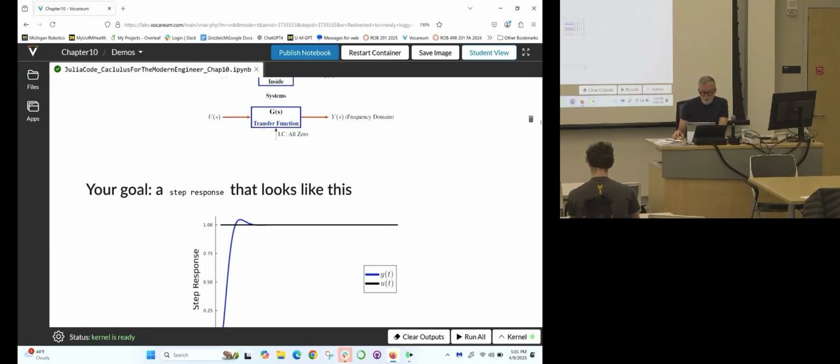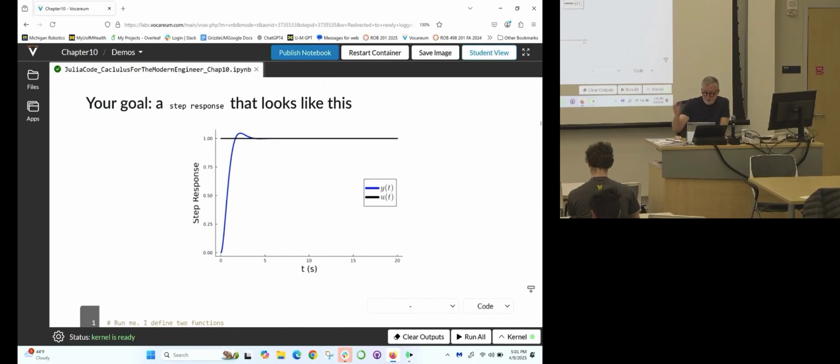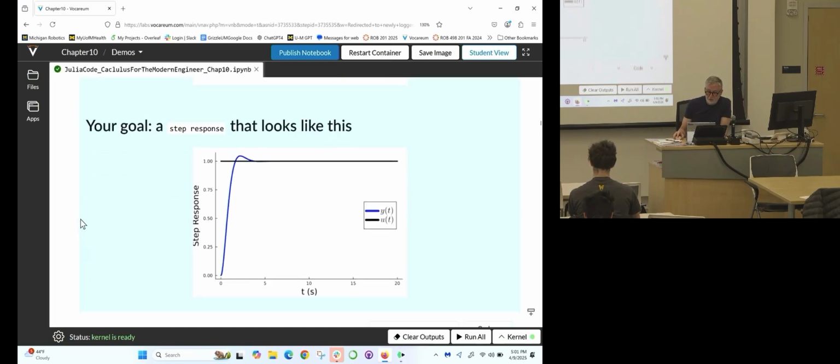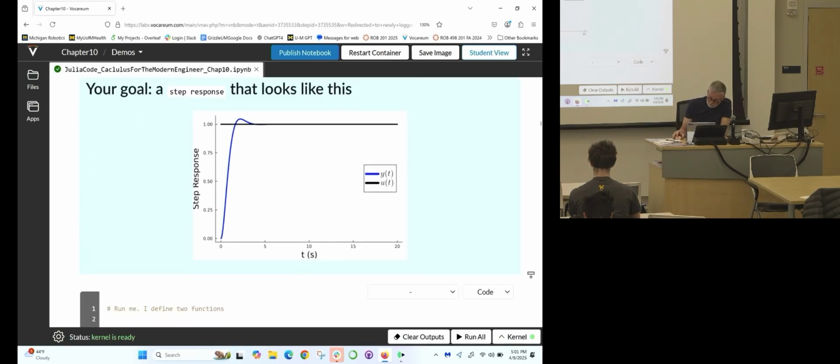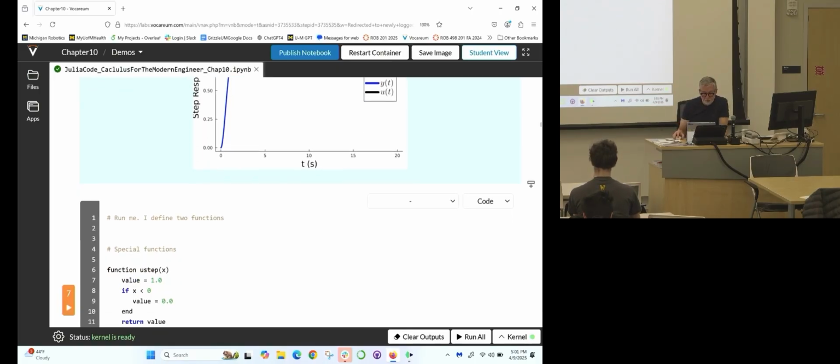So what I want you to do is to adjust the coefficients in the transfer function such that when I apply a step input, the output looks like this. And you're going to struggle, okay? But take a few minutes.